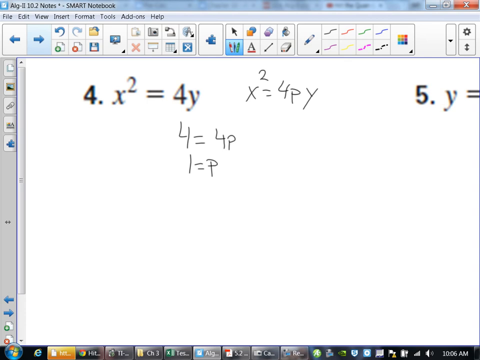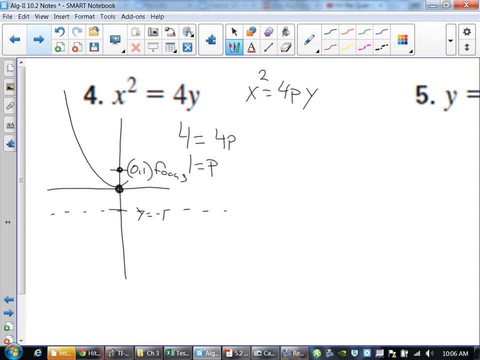So I know that's going to be at the origin. (0, 0) is my vertex. My focus will be at (0, 1), and then my directrix will be at y equals -1. And it just goes through. And that's really it.